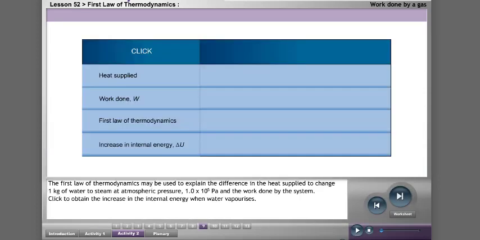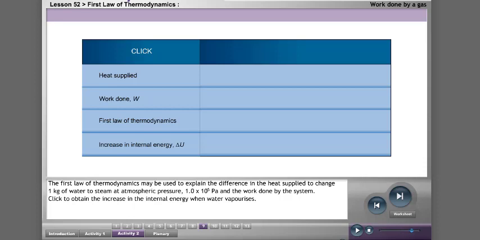The first law of thermodynamics may be used to explain the difference in the heat supplied to change 1 kg of water to steam at atmospheric pressure 1.0 times 10 to the power 5 pascals and the work done by the system.